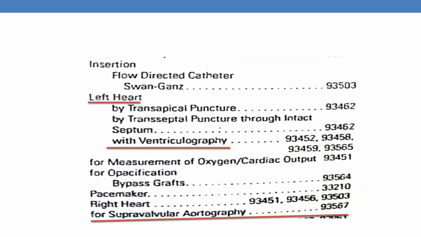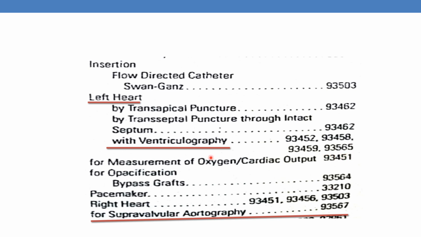Initially, the patient is here for left heart catheterization. So the next thing is you need to go for catheterization. Under catheterization, under left heart, you can find with ventriculography. For left heart catheterization with ventriculography, the CPTs are 93452, 93458, 93459 and 93565.